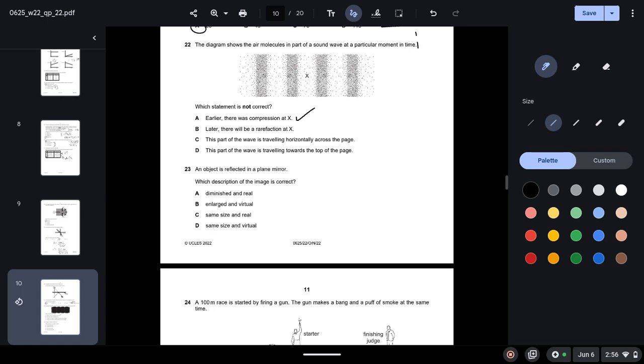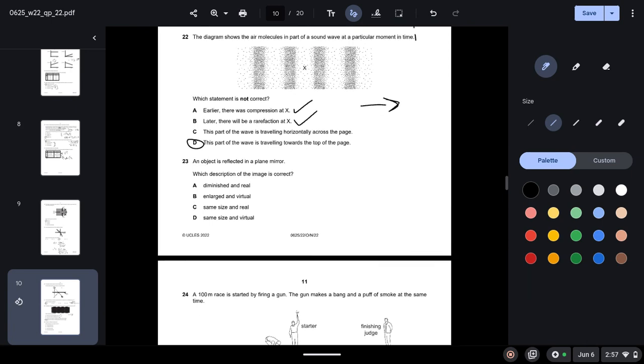Similarly, B is also correct because it says later there will be a rarefaction at X. C says this part of the wave is traveling horizontally across the page. Horizontally means this way, which is true. Sound waves will travel from left to right or right to left. This part of the wave is traveling towards the top of the page. So this is incorrect. We know that it is traveling horizontally.